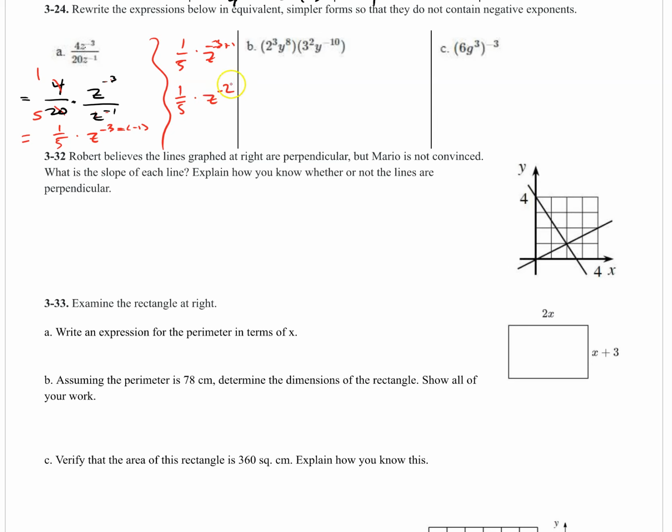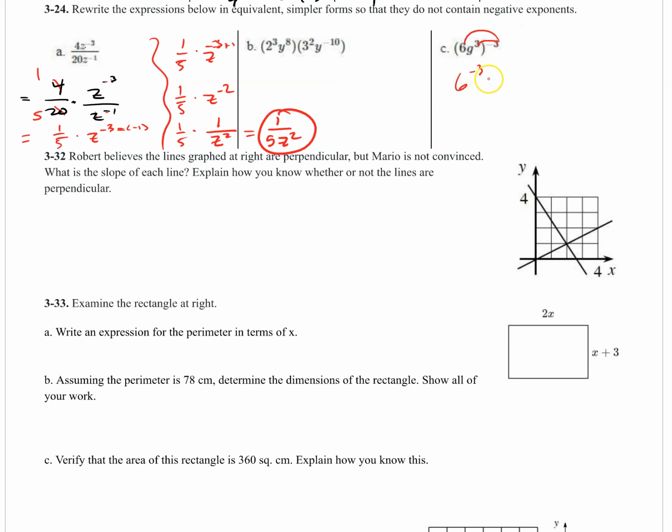And when you have a negative exponent, what you do is you cross the line and change the little sign. So negative 2 is now positive 2. And then we can recombine our fractions. This is 1 over 5z to the power 2. Let's try C. When you have a power to a power, you're going to multiply.